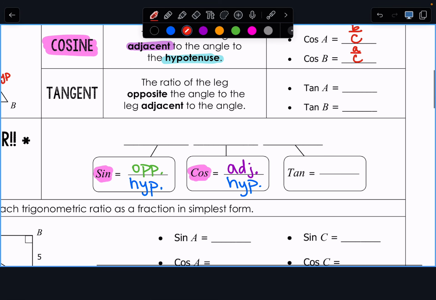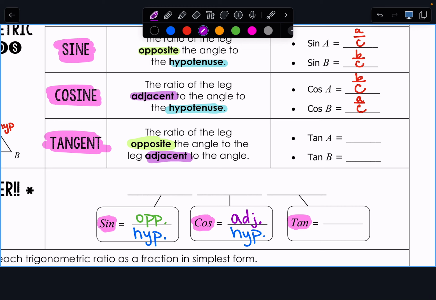Now, our third ratio is the tangent. We abbreviate it TAN. Do not call it tan. It is tangent. And the tangent is going to be opposite over adjacent. So we're going to write opposite over adjacent.